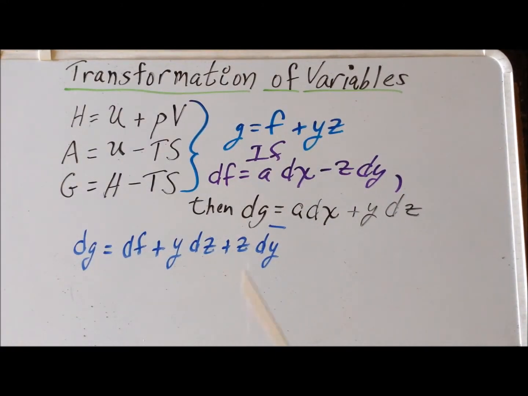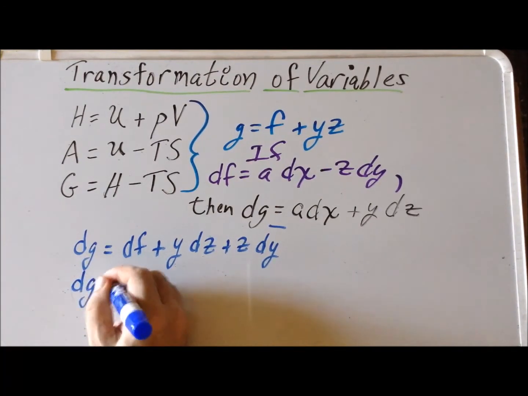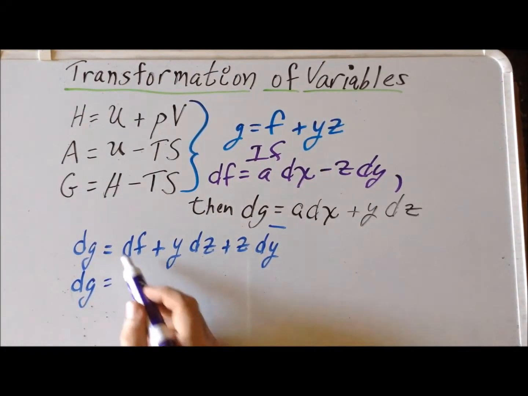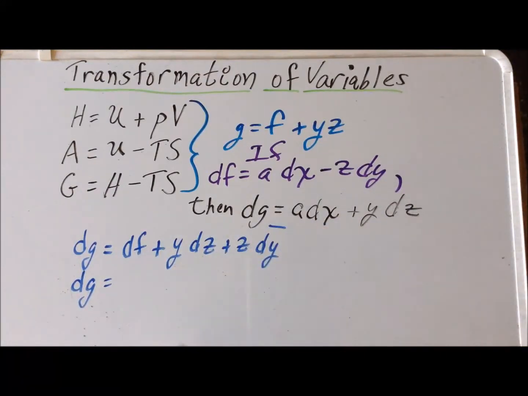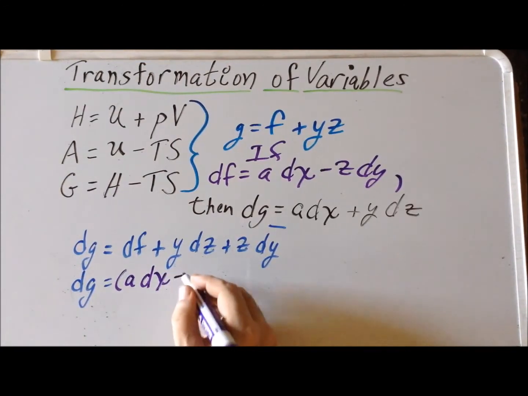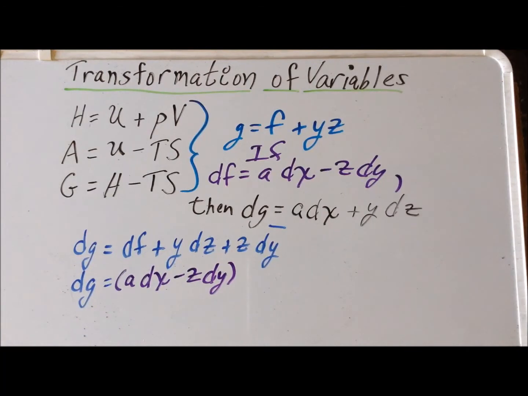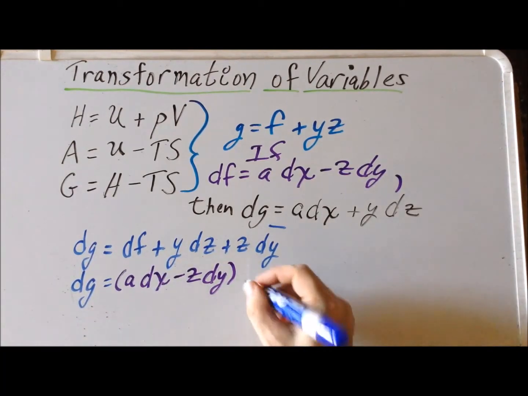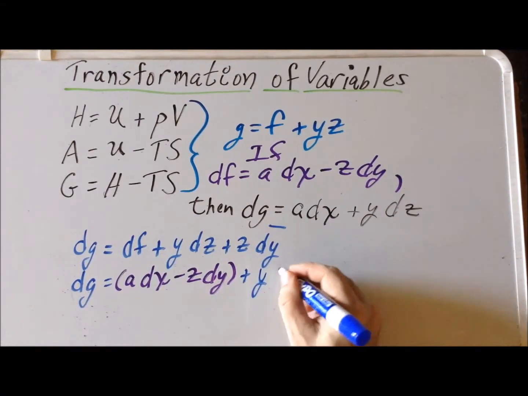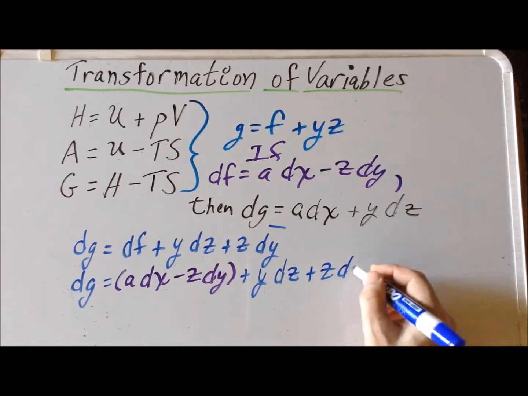Next, we can substitute our expression for df into our expression for dg. So we have dg is equal to, and now we'll even put our expression for df in purple because that's the color we've written it up there, so that is our a times dx minus z dy. And then continuing, we have plus y dz plus z dy.